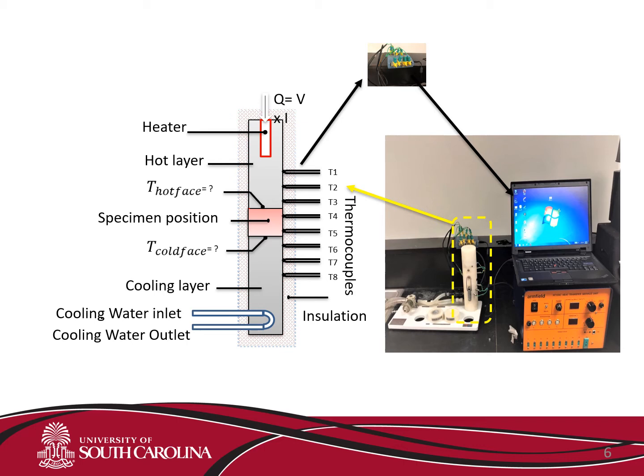Let's explain the linear conduction model. It has three layers. The top is the hot layer. There are three thermocouples connected to the hot layer, and a heater connected on the top. The bottom is the cooling layer, where the cooling water goes in and out to cool the system.